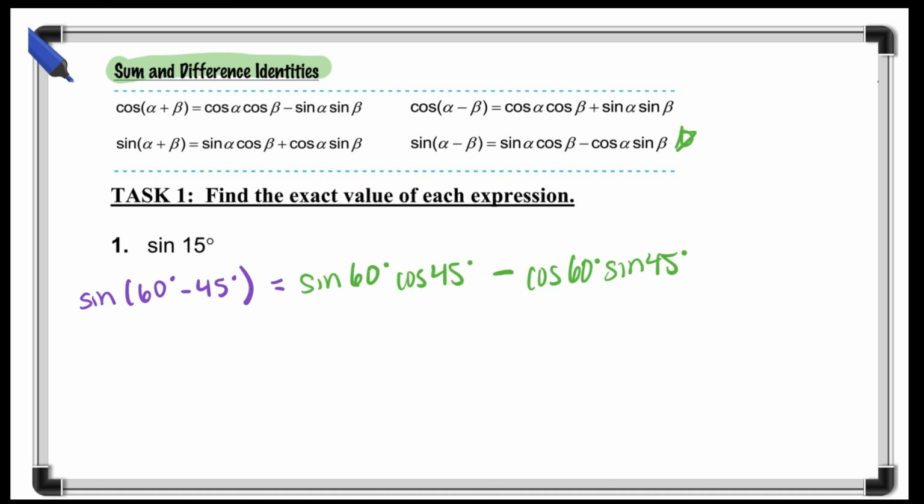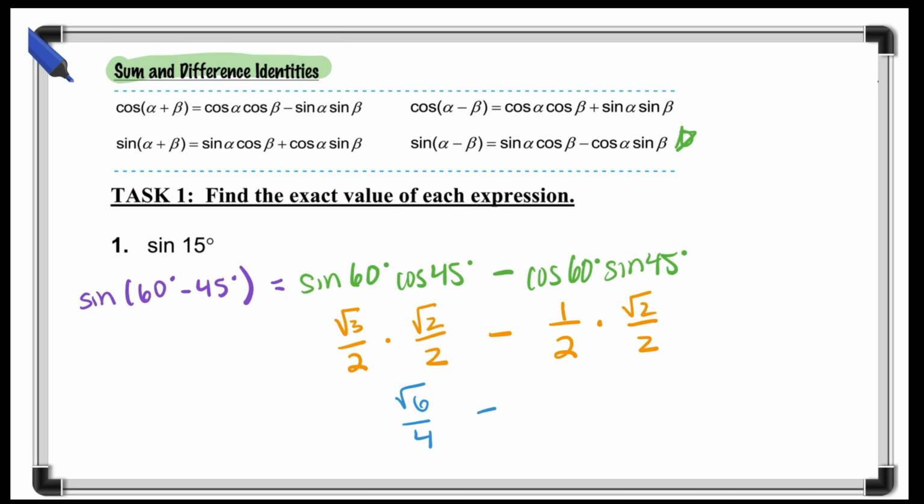Now, as we go ahead and simplify that, from our unit circle, sine of 60 is root 3 over 2. Cosine of 45 is root 2 over 2. And you're going to subtract cosine of 60, which is 1/2, times the sine of 45, which is root 2 over 2. Now, if you simplify these, what you would get is the square root of 3 times the square root of 2 is the square root of 6 over 4.